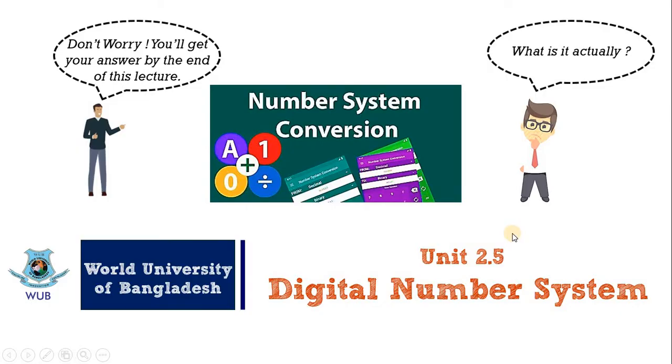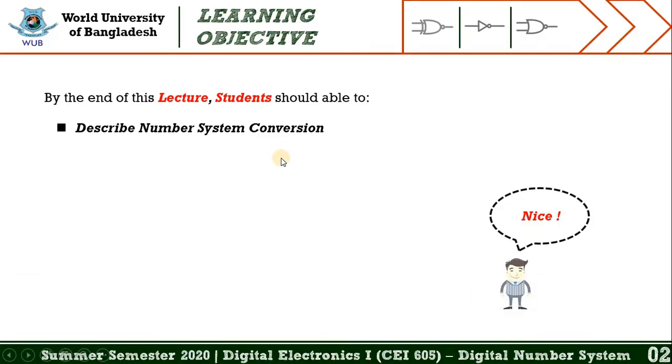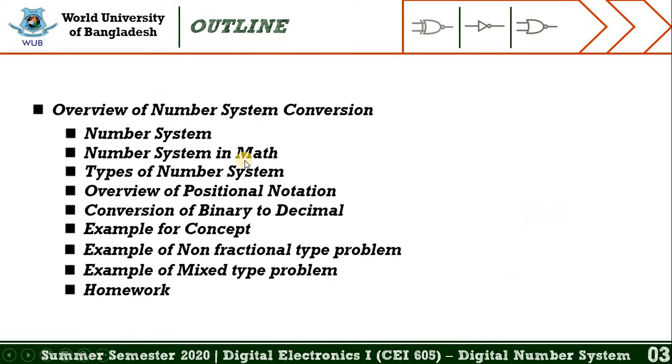So let's begin. By the end of this lecture, you will be able to describe number system conversion. This slide represents the overall outline of this lecture. You will learn about many things, such as an overview of number system conversion.